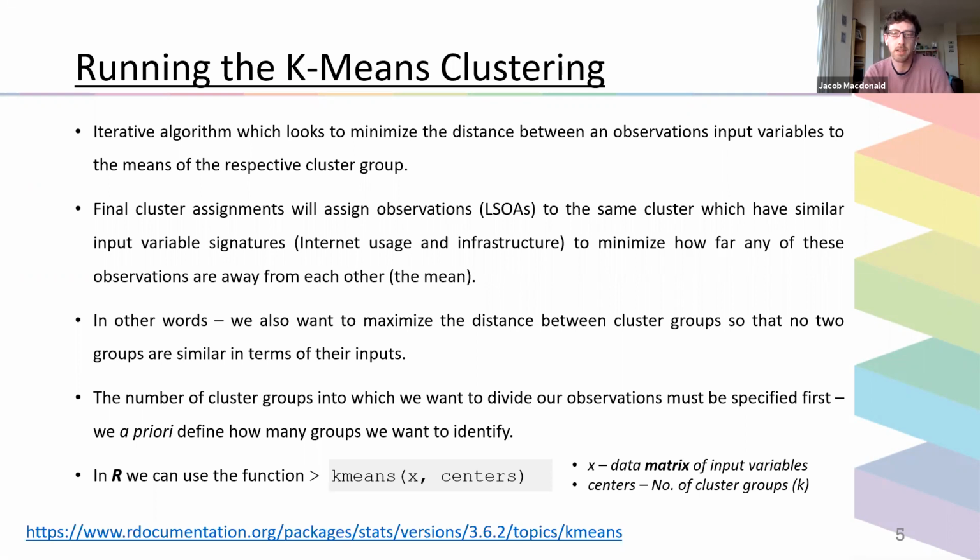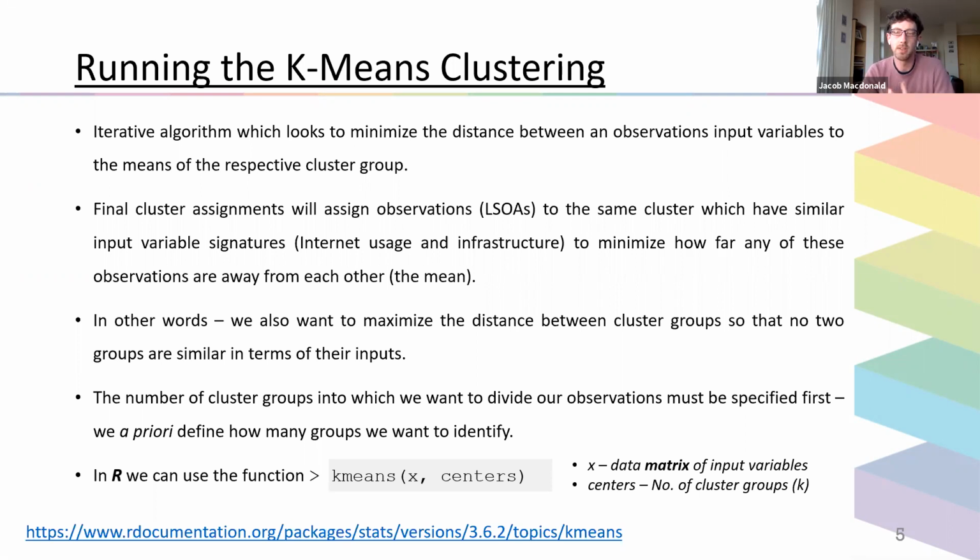But once we have a set of input variables that we want to feed into this algorithm, then essentially what we want to do is to take these input variables and look at the signature of all these attributes across LSOAs and cluster based on that signature of input variables.